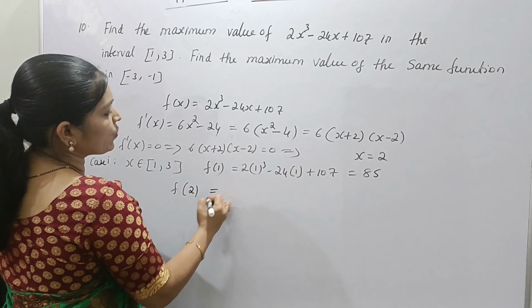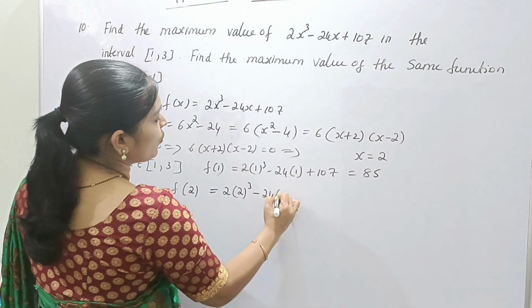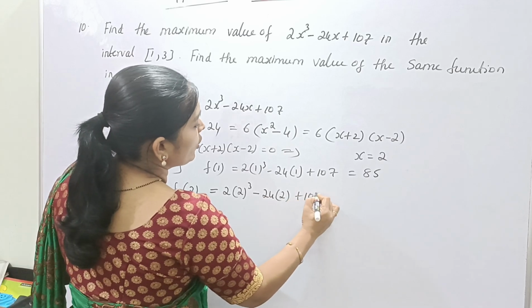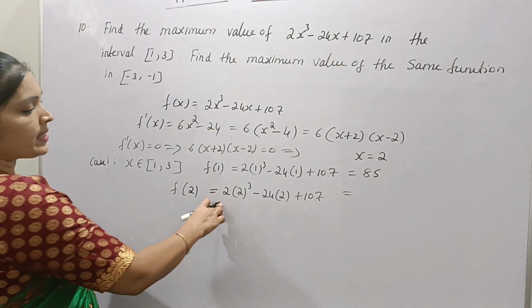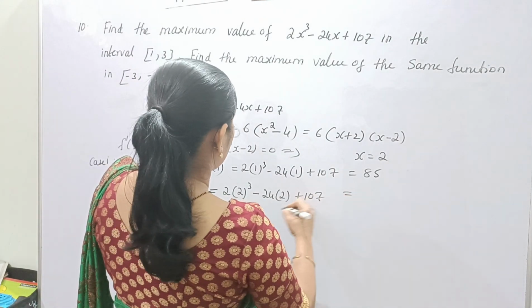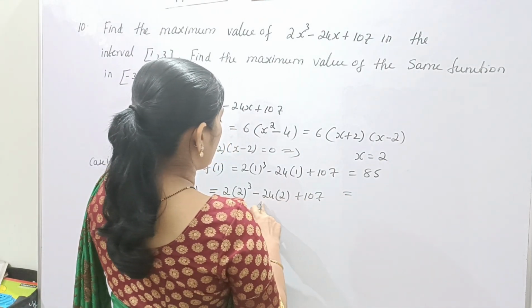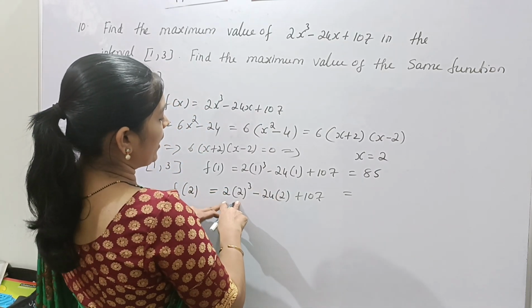f of 2 is equal to 2 into 2 cube minus 24 into 2 plus 107. Here 2 cube is 8, 16, 107 minus 48. This will be minus 24 added, 8 added, right?